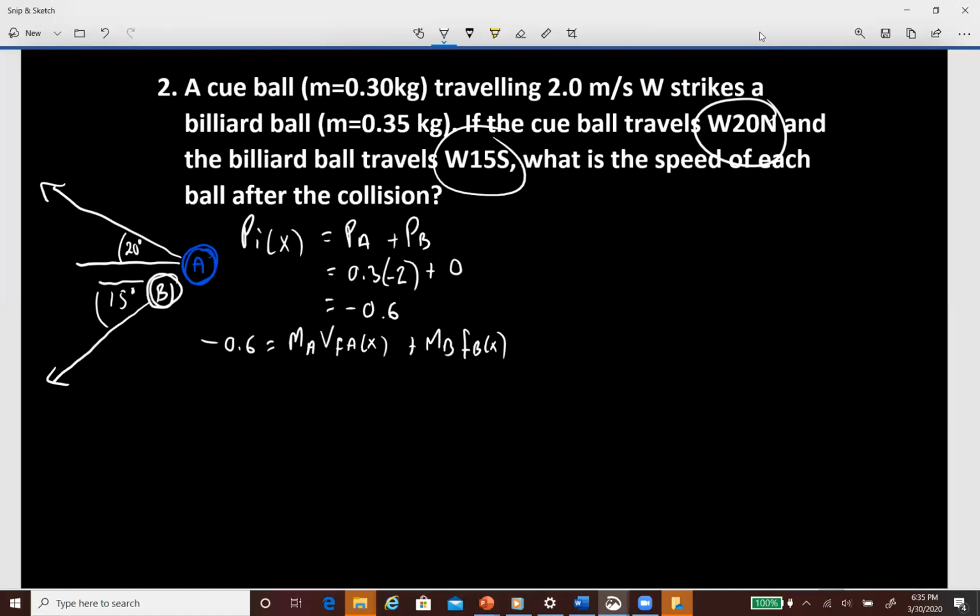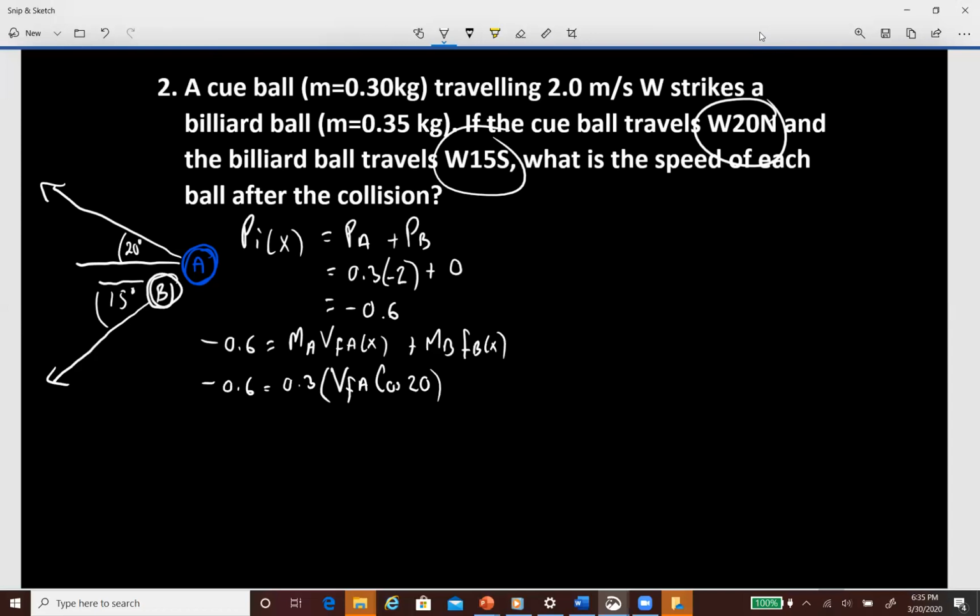Ball A has a mass of 0.3 times its velocity in that X direction, which would be its final velocity times cosine of 20.